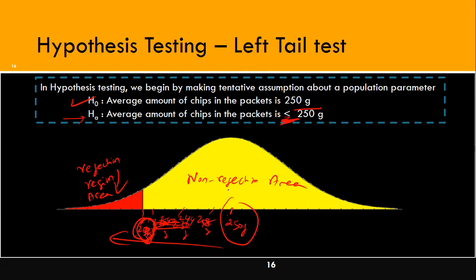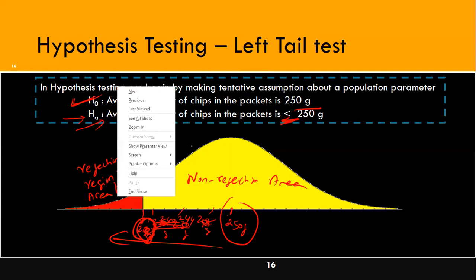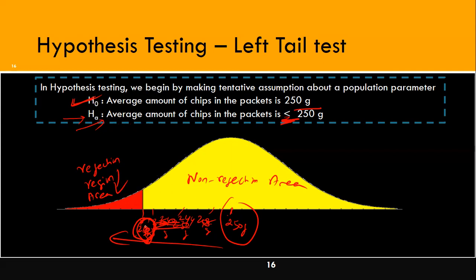So that is falling in the non-rejection region area. But anything less than 242, you are going to reject the null hypothesis, and then you are going to conclude that the average amount of chips in the packet is less than 250 gram. But up to 242, you are okay.